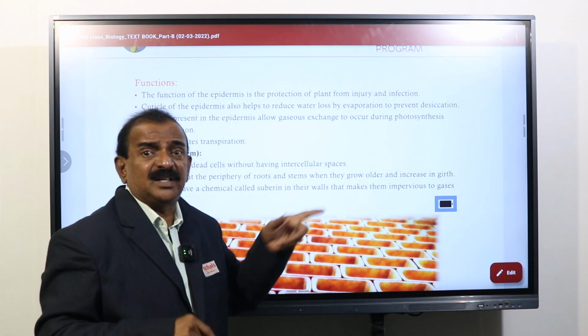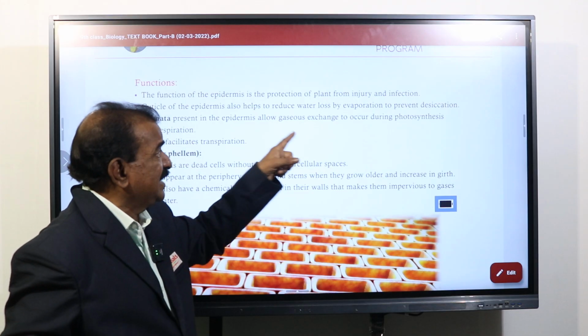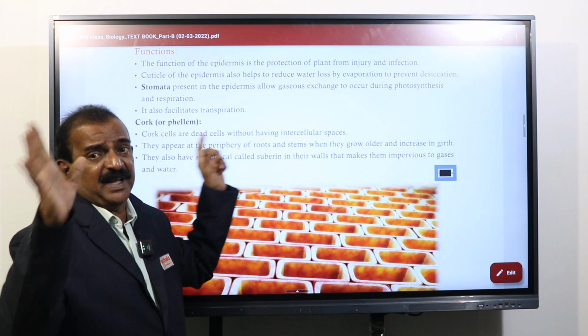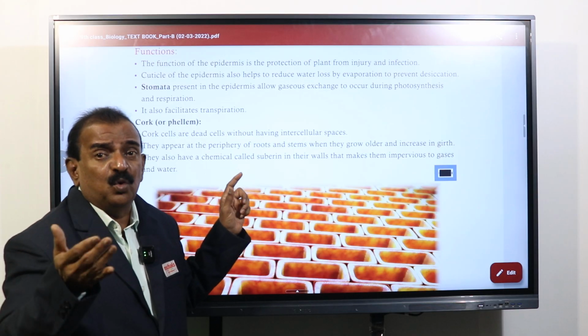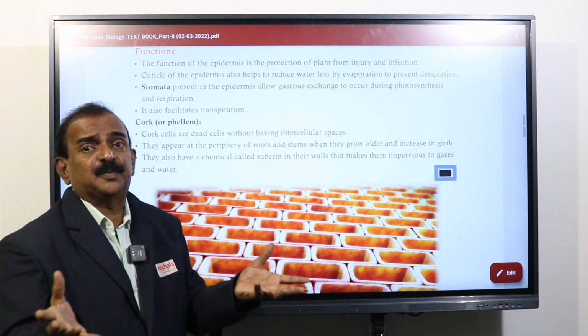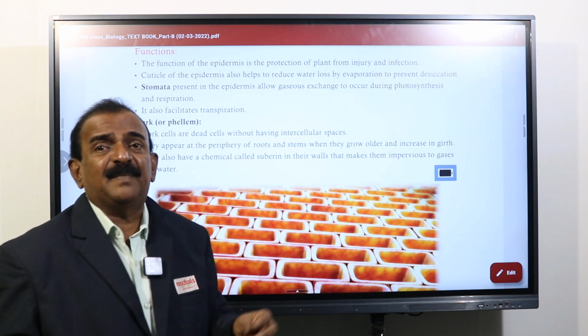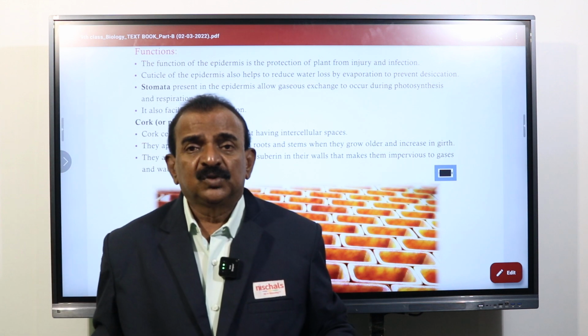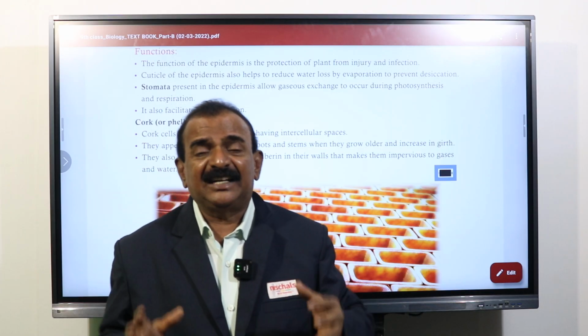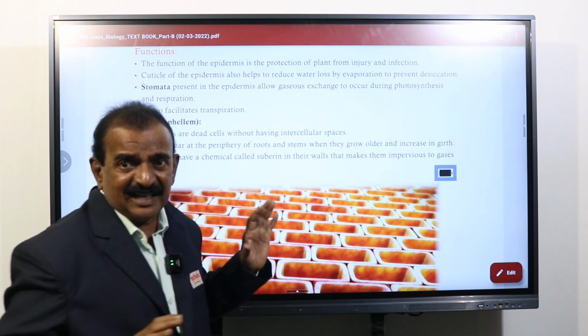Loss of water takes place through these gaps and pores. The loss of water through the plant body is called transpiration. Transpiration is nothing but loss of water. Here the plant is losing water through tiny pores, and that process is called transpiration.